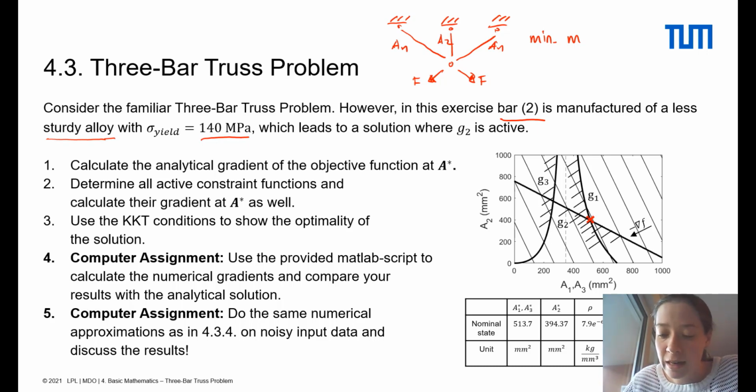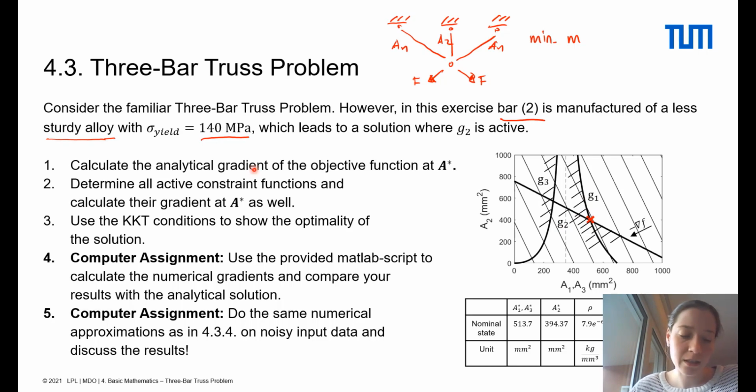We also know that now we got our optimal solution at a point where G2 is also active. We see that here in our plot, so this is the direction of decreasing mass, and our optimal solution for A1 and A2 will lie here at this intersection of G1 and G2.